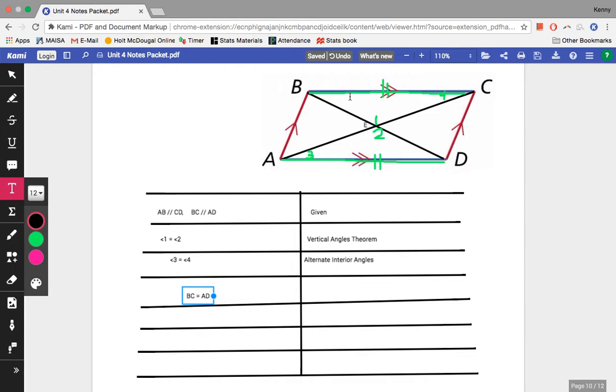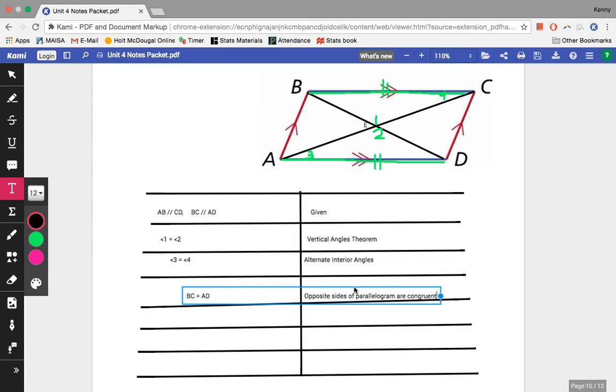But these two guys are equal here. The reason is, and this is where it's kind of cheap, kind of shady, we're going to say see example 1. Or if you wanted, you could put opposite sides of a parallelogram are congruent.